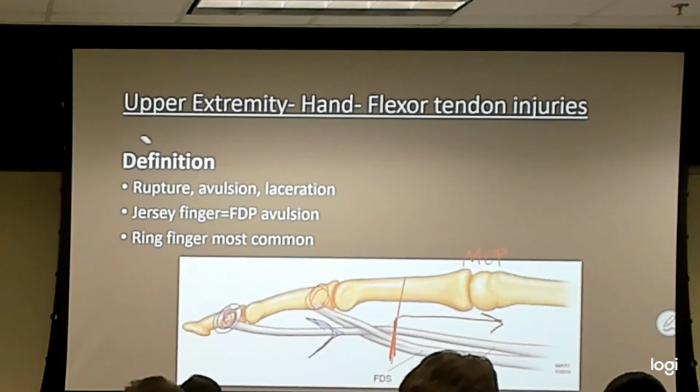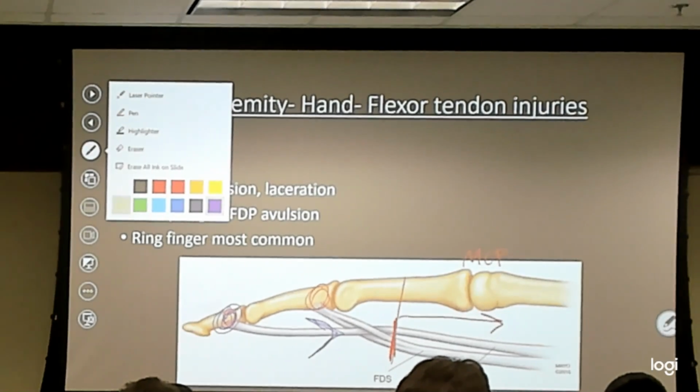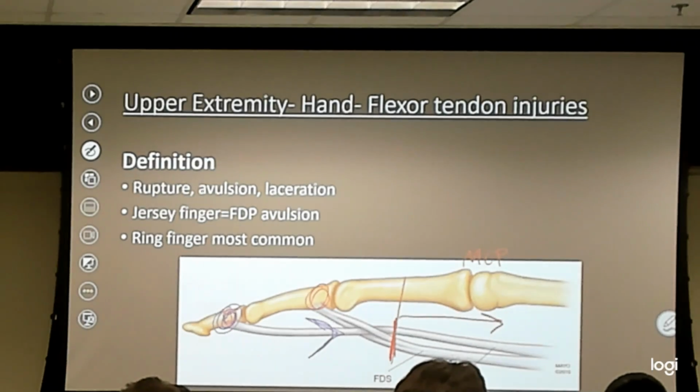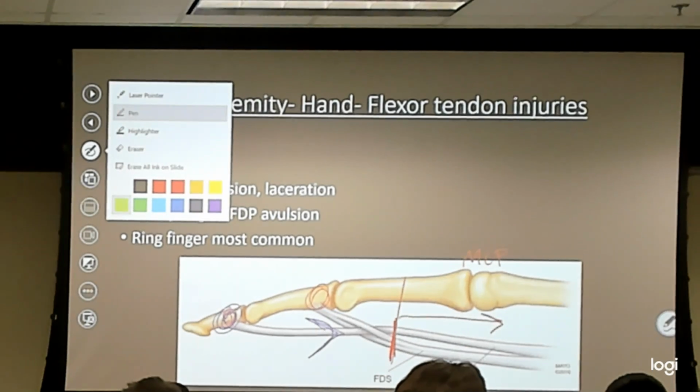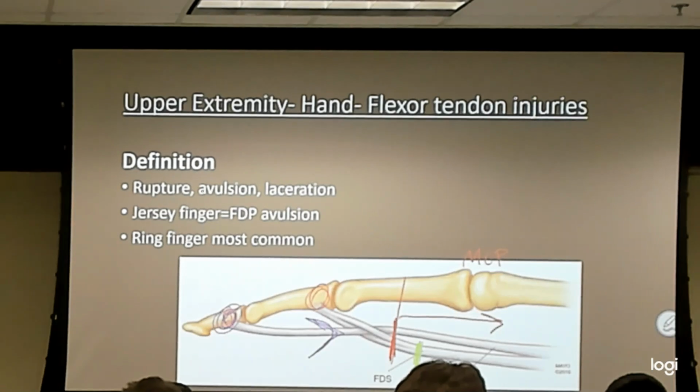Okay, maybe we don't get to do any colors. What am I doing wrong? Pen, switch it. Okay, now let's try. Something more superficial would only affect the PIP joint.